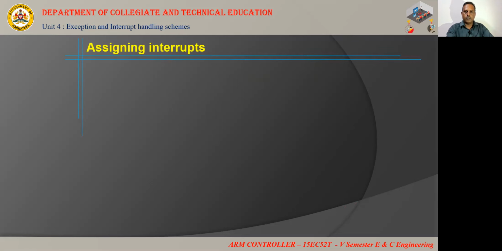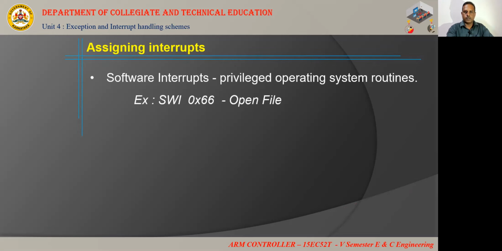And now let us discuss how these interrupts will be assigned to different sources. See, assigning the interrupts to various sources of these interrupts is up to the embedded system designer. There is no specific rule as to this interrupt source should be connected to this interrupt.